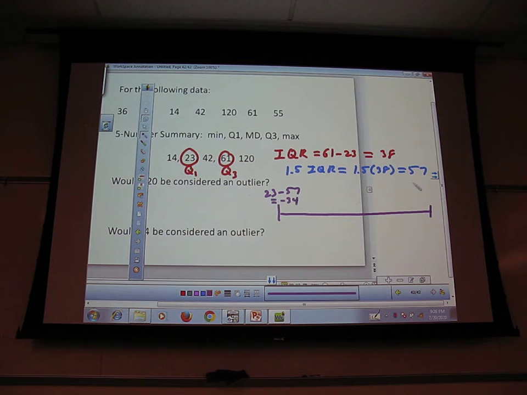And this one's going to be 61 plus 57, which is going to be 118. So negative 34 to 118, those are our boundaries.